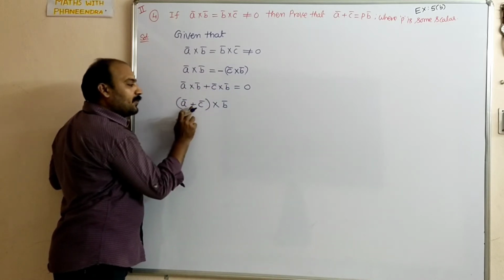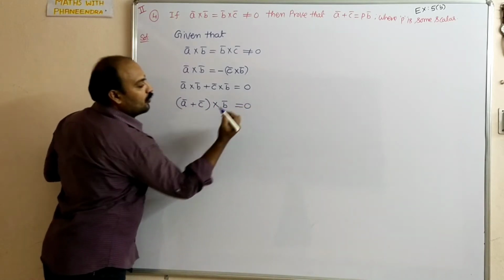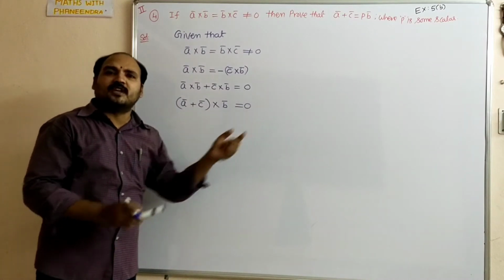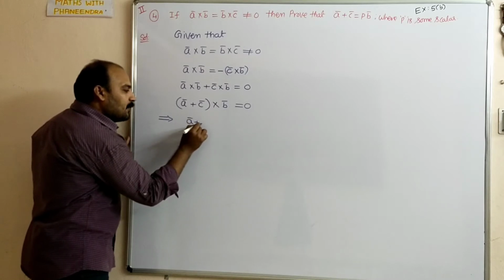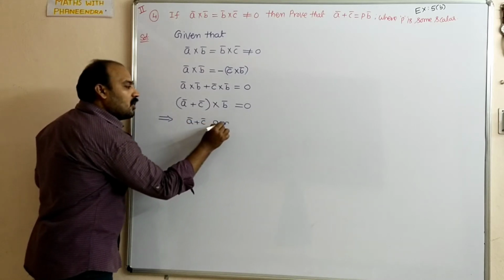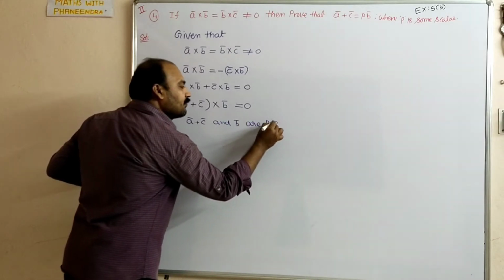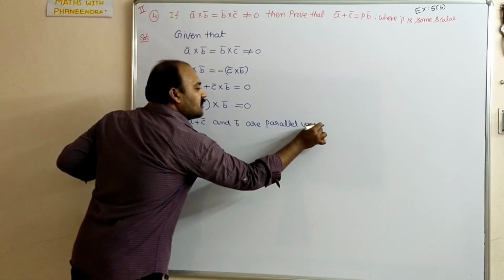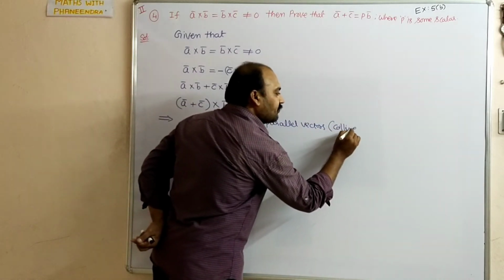So a bar plus c bar cross b bar is equal to 0. Whenever the cross product of two vectors is equal to 0, that implies that the a bar plus c bar vector and the b bar vector are parallel vectors, or collinear vectors.